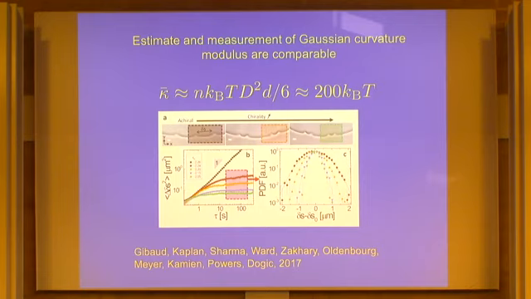We have one example, which is really due to Nadir Kaplan and his calculations, where he's looked at a slightly different system than the one I've been describing, and come up with a way to calculate what the Gaussian curvature modulus is based on the shape. I can't really do it justice here. I'll just give you the briefest of descriptions.